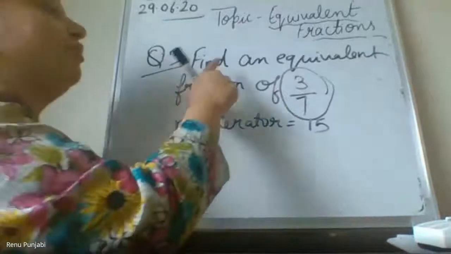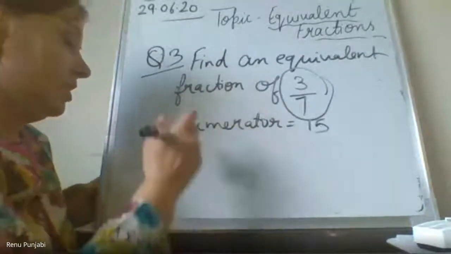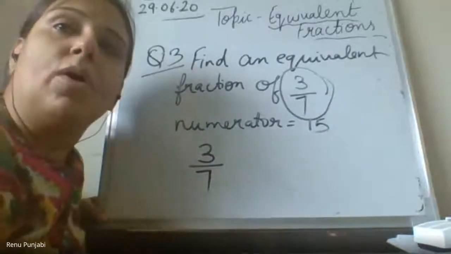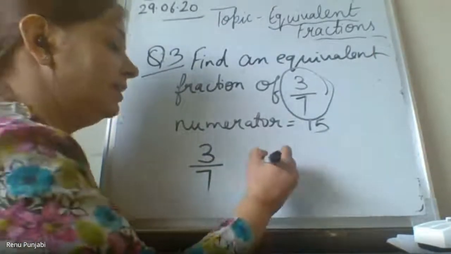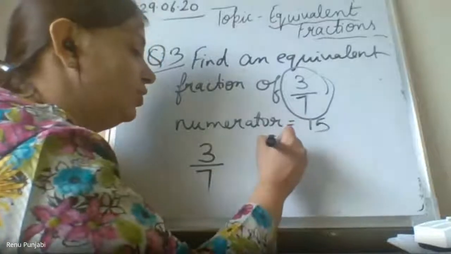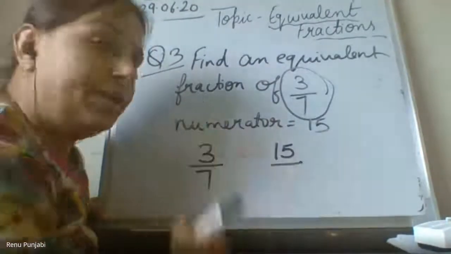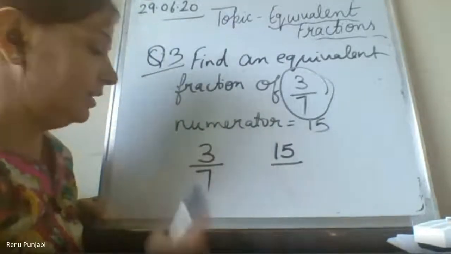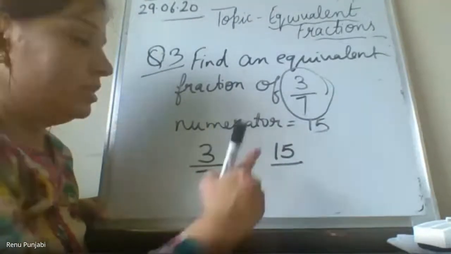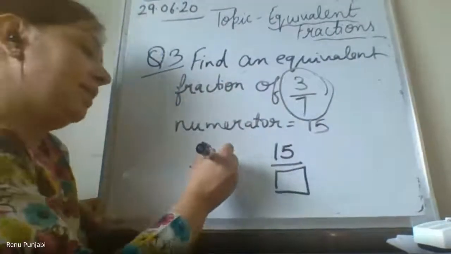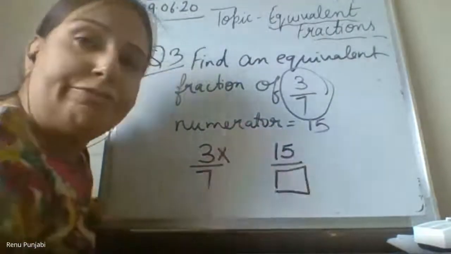Now we have to find an equivalent fraction. So we'll write what our fraction is. Our main fraction is 3 upon 7. And the next fraction, they're saying the numerator is 15. We have to make one more equivalent fraction, same as 3 upon 7. So 15 is given, nothing is given here. So 3 multiplied by which number that you got 15?